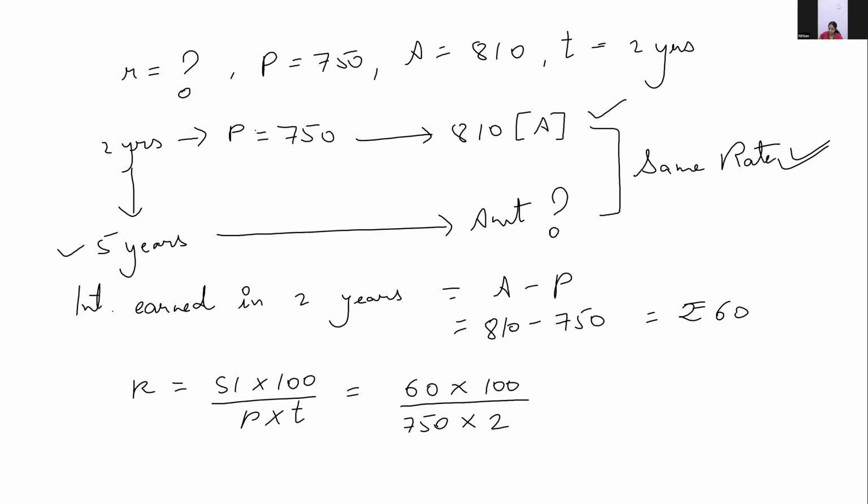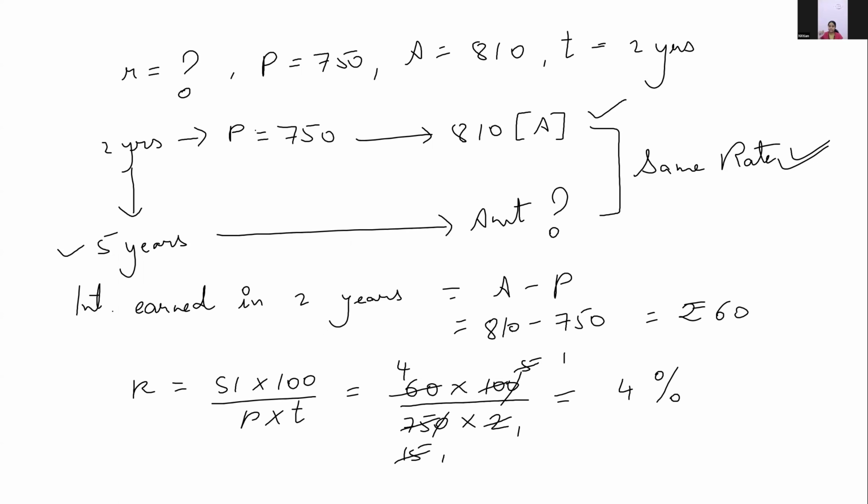Cancel the 0s. 2 ones are 2, 2 fives are 10. Then 5 ones are 5, and 15 is 75. Then 15 fours are 60, so we can cancel. 4 ones are 4. So rate is 4%.